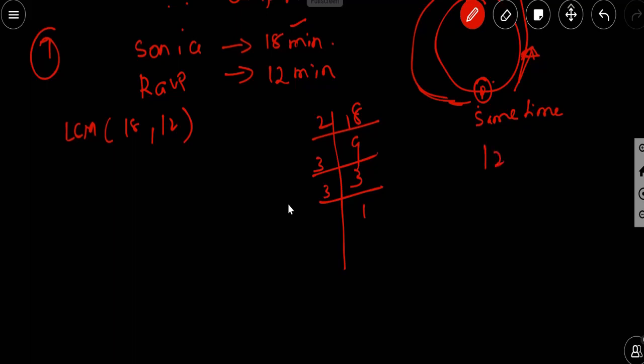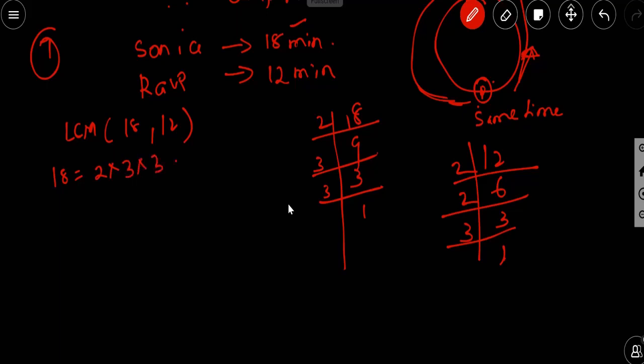Again for 12: 2 times 6, 2 times 3, then 3 times 1. So for 18 it is 2 into 3 into 3, that is nothing but 2 into 3 square. How do I write 12? 2 into 2 into 3, so that is 2 to the power of 2 into 3.